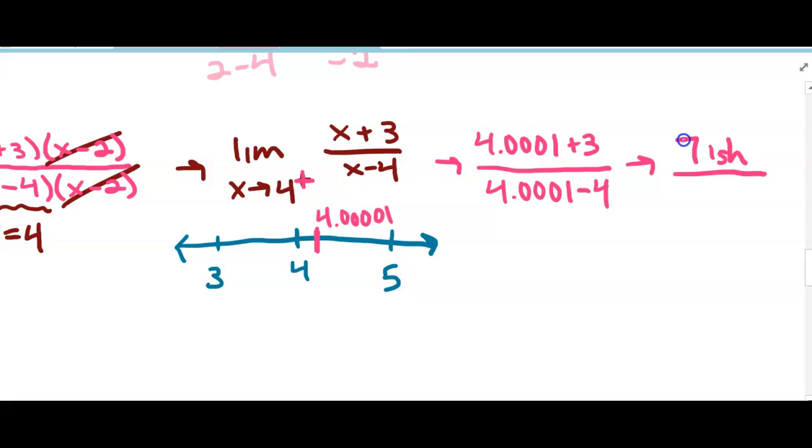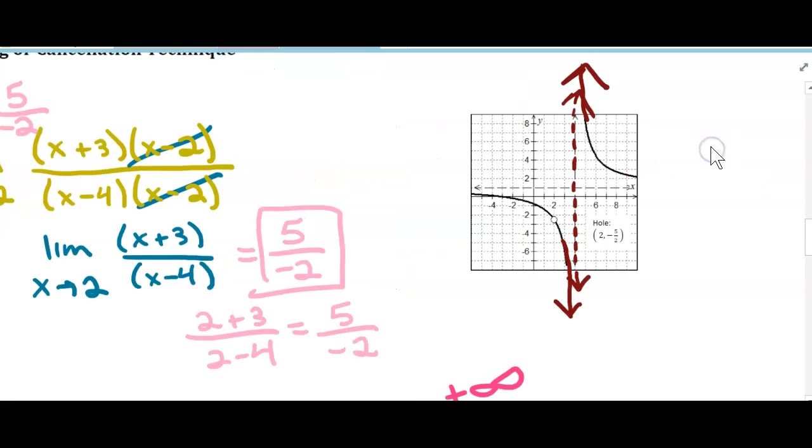In my denominator, I'm going to have a positive 0.0001. If I plug this into my calculator, I get a massive number, like 700,000, which tells me this limit is approaching positive infinity because this number is so big. And we see that happening from the right on my graph.